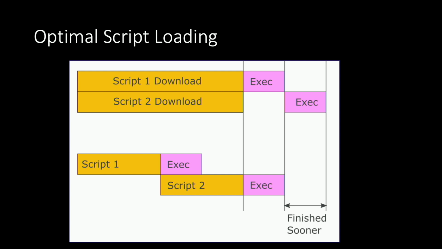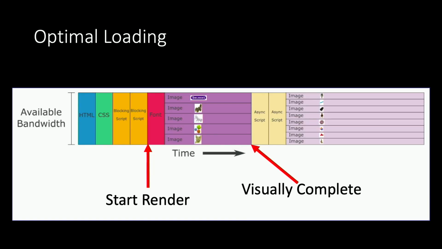And you can pipeline the downloads and the executions. If you download both of the scripts at the same time, sharing bandwidth, then by the time the parser gets to them, it needs to execute them serially, and you end up with a later time. So for scripts, optimal would be 100% of the bandwidth in the order in the document, one after the other.